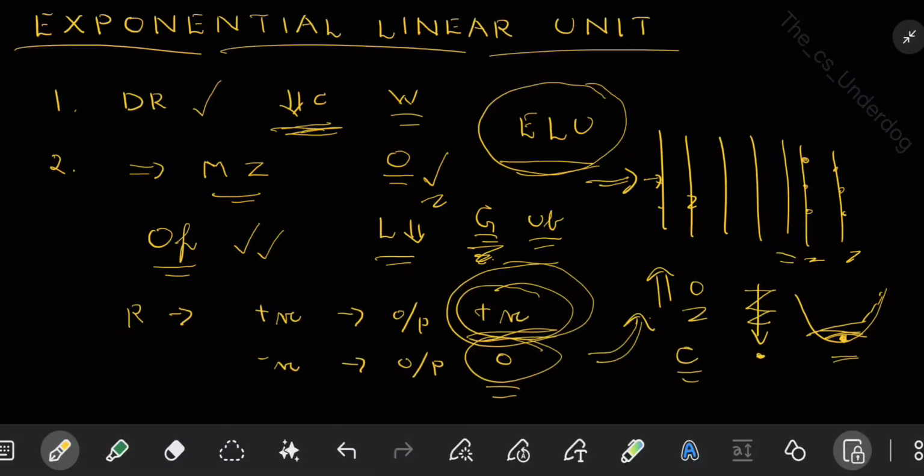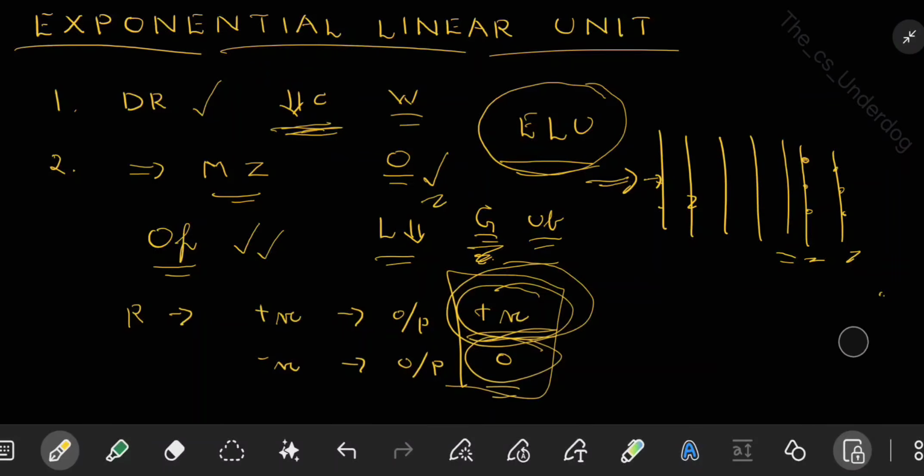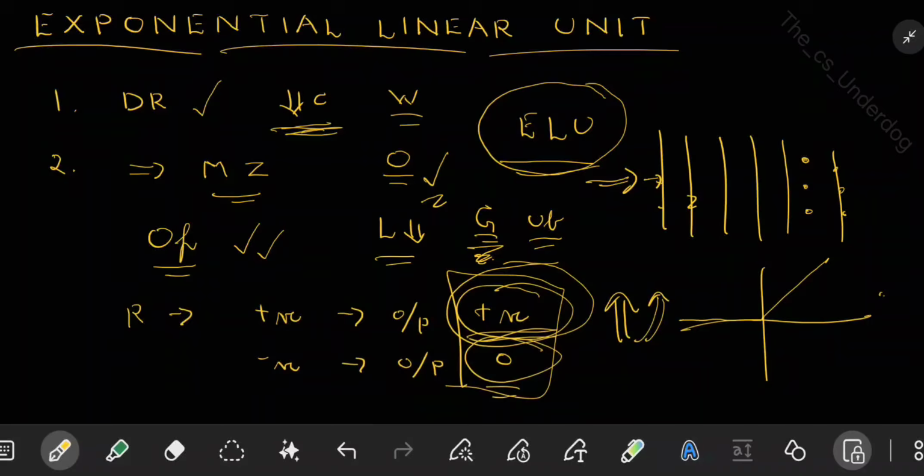In order to tackle this, what do you want? You want to make sure that your average or the mean is close to 0. Why is it not close to 0 here? It is because you don't have anything on the negative side. In normal ReLU, you have everything on the positive side and only 0 on the negative side. Because of that, you have positive bias. Your mean is shifted on the positive side.